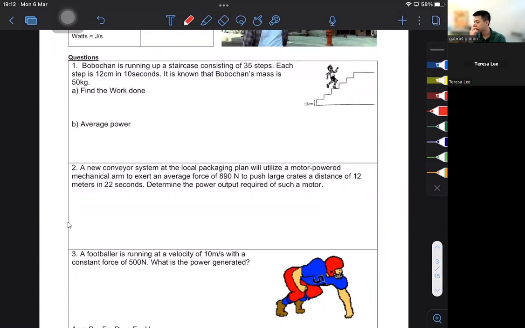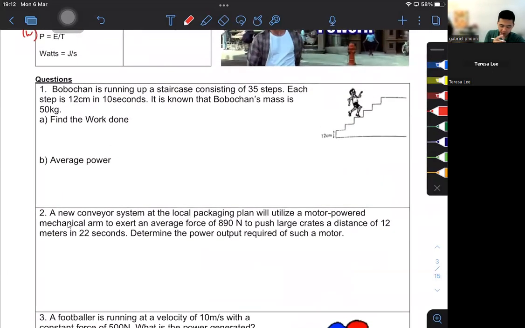Okay, first and foremost, Teresa, I don't know if you did this also or not. This is supposed to be converted into meters first, which is 0.12 meters. Then after that, it has 35 steps.